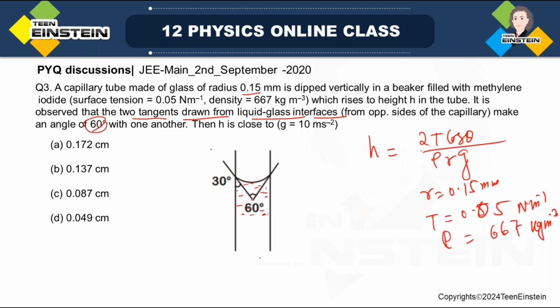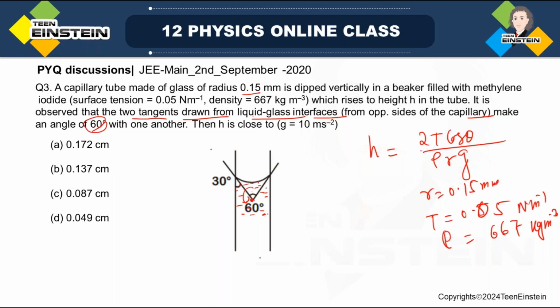So one tangent is meeting here, and another tangent from the other side, the opposite side of the capillary, is meeting here, and this particular angle is given as 60. Now we will be able to find that the angle of contact is actually the tangent drawn at the glass and solid interface when the tangent is taken inside the liquid.